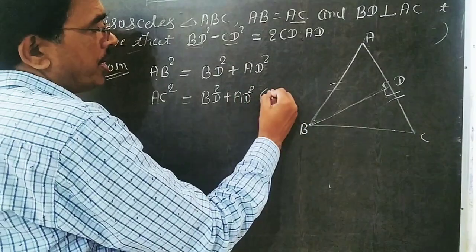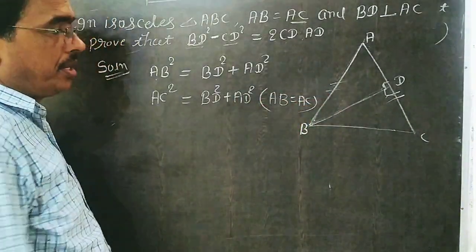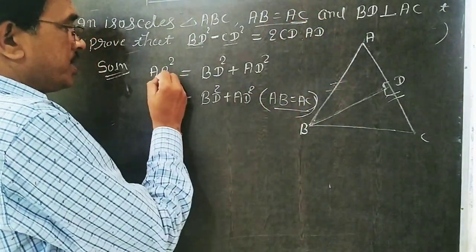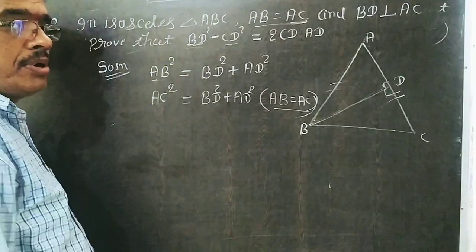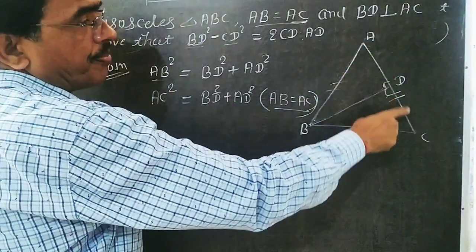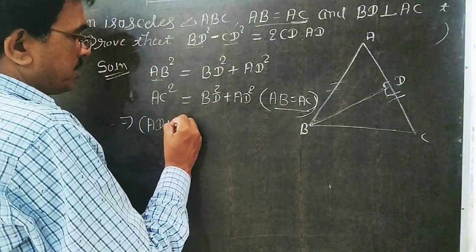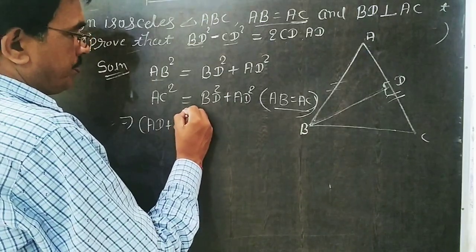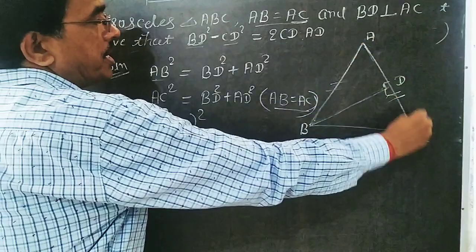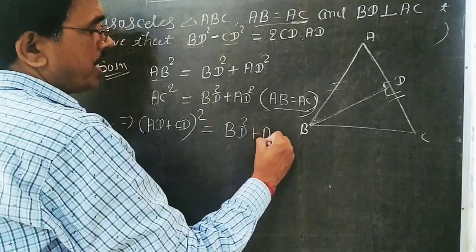Why change here? You can write AB equals AC, it is given in your question. So only substitute the value of AB equal to AC. Now AC is split into AD plus DC. So we write (AD plus CD) whole square, because AD plus CD is AC, is equal to BD square plus AD square.